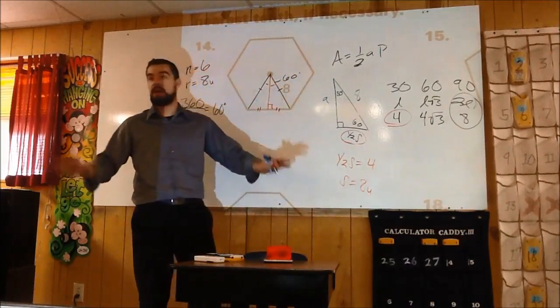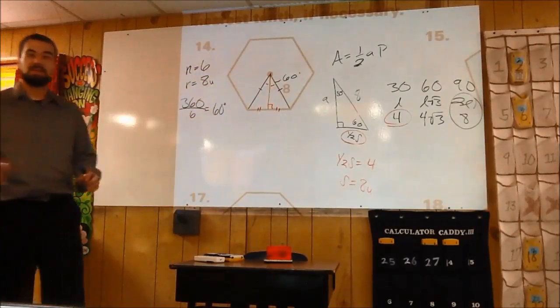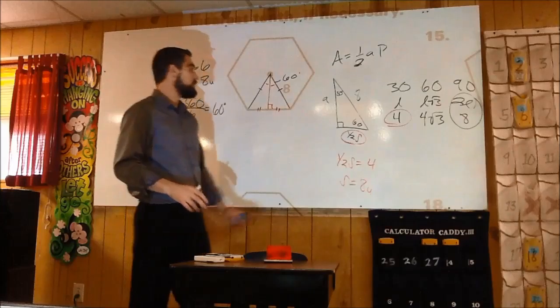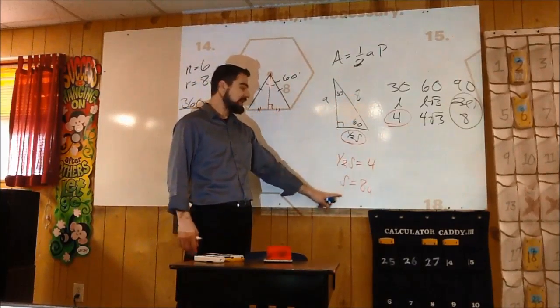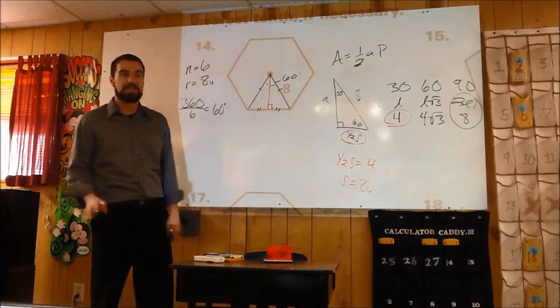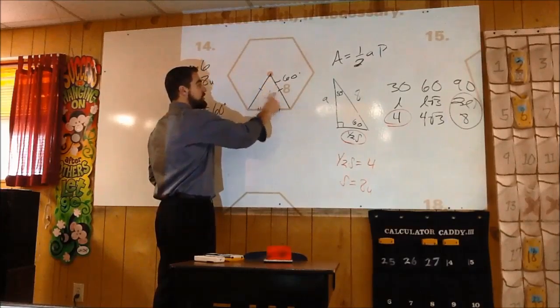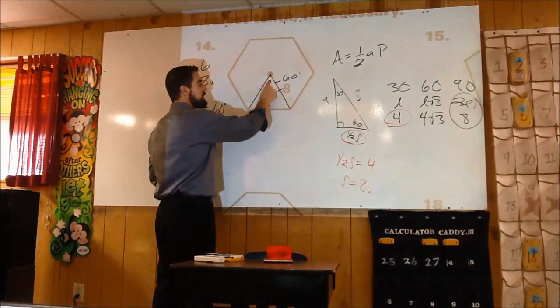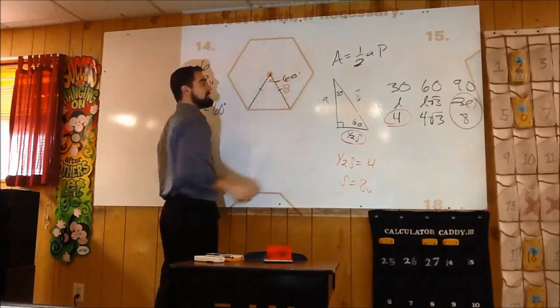This only happens in hexagons. Please, please, please listen. This only happens in hexagons, where the radius is congruent to a side length. This only happens in a regular hexagon, because when you draw in these 2 consecutive radii, we found out that angle measurement is 60 degrees.